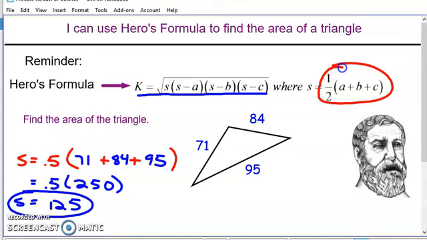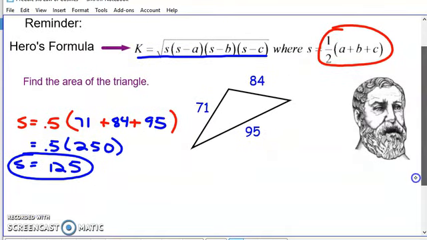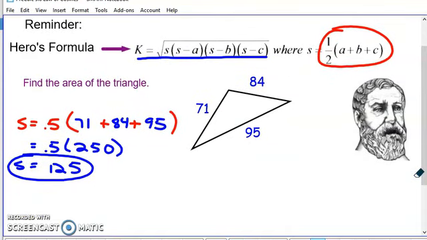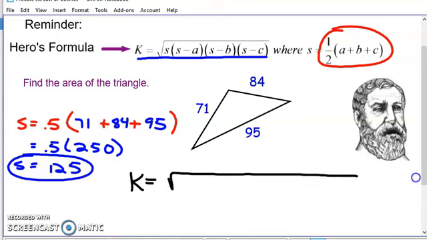Now notice I don't have any A, B, or C here. I really don't care, because with Hero's formula, it doesn't really matter what the order is. So we're going to put a bunch of subtraction signs in here. And notice all the S's.